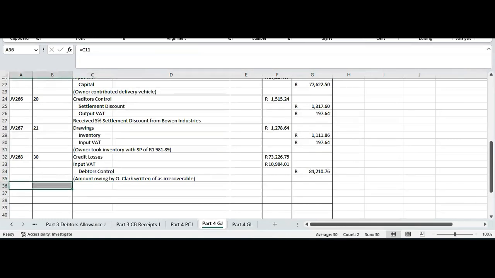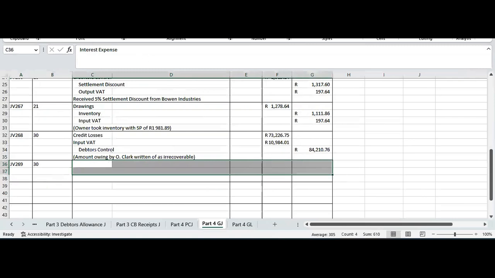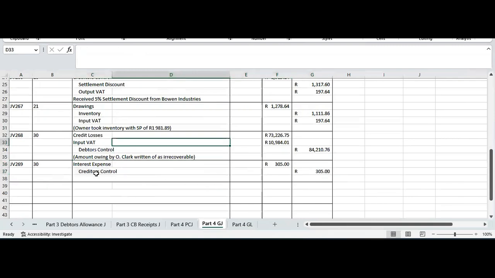Next one, we are given the document number and the date. We did the calculation, not that it was needed to do a calculation there, but it is just the amounts that were given. And here we give the reason, Candid Hardware, they charged us interest.